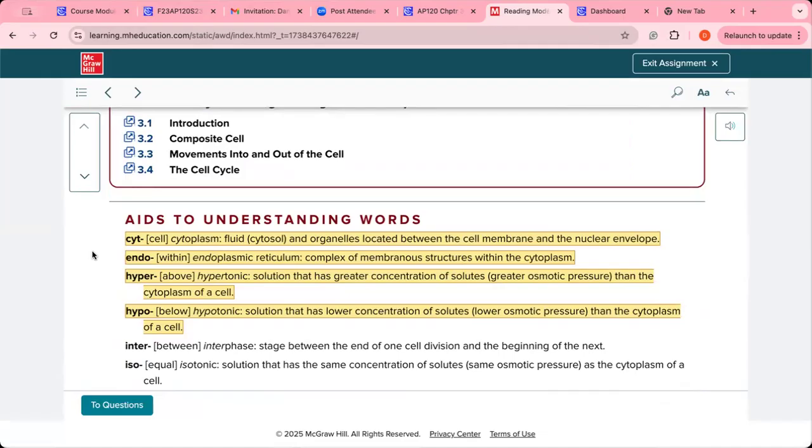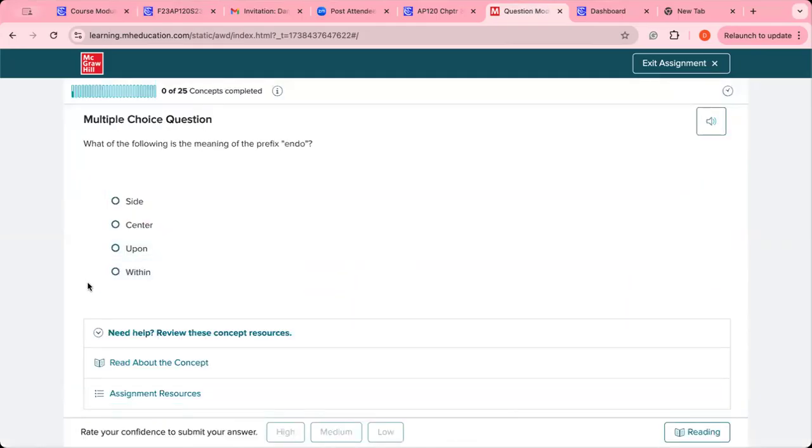Cytoplasm, cyto, cyte means cell. So you're going to look at the ones in brackets. Endo is within, as in endoplasmic reticulum. Hyper means above. Hypo means below. Inter means between. And iso means equal. So endo is within.